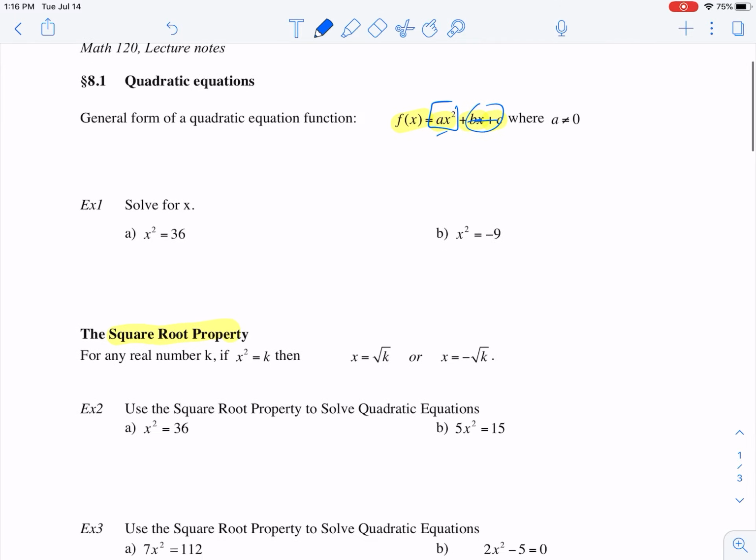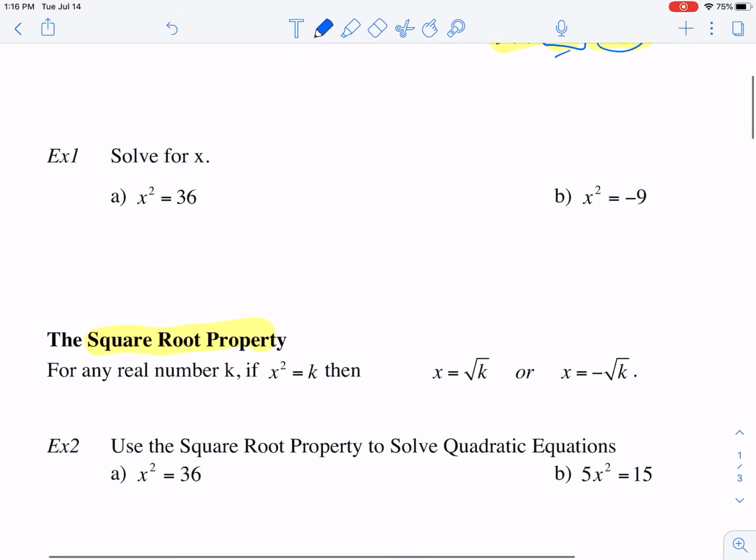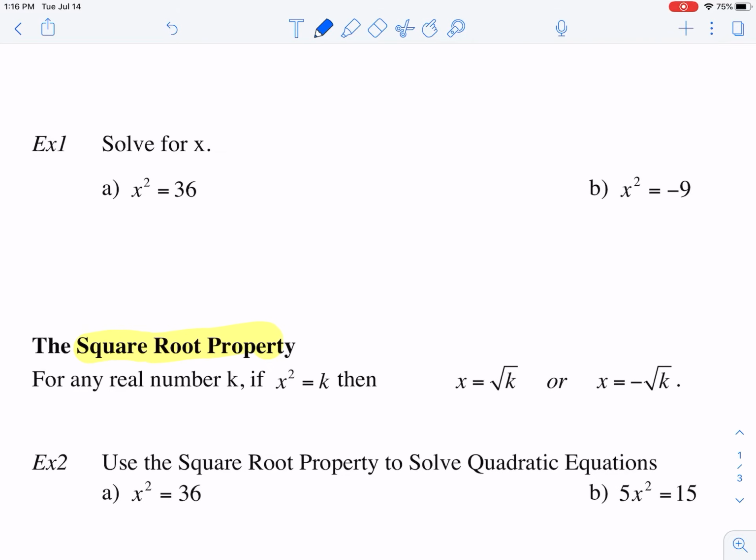Okay. So example 1 is asking us to solve for x. If we have x squared equal to 36, in this case we can think, okay, what number squared gives us 36? Those two numbers are positive 6 or negative 6, right?